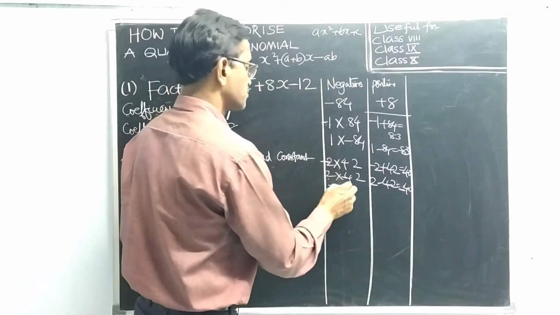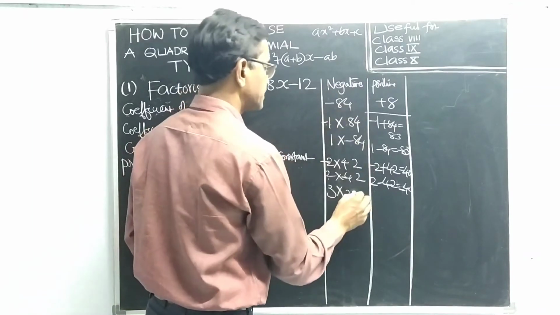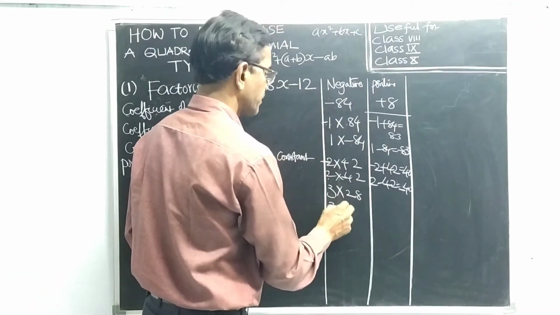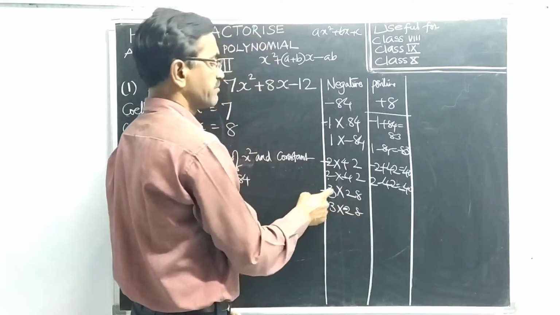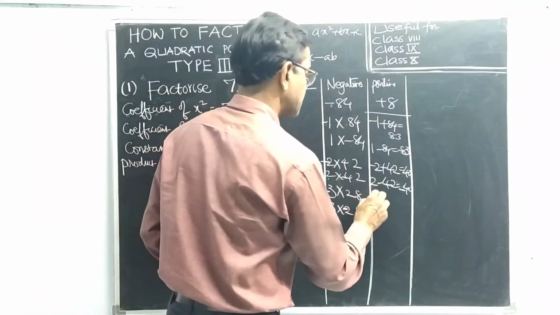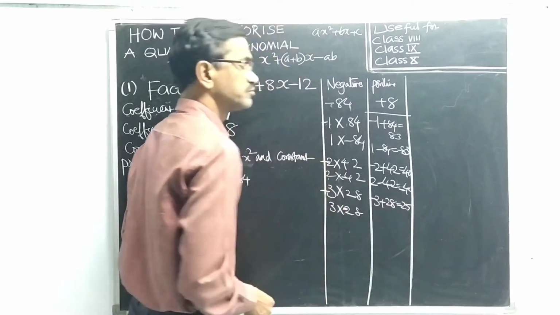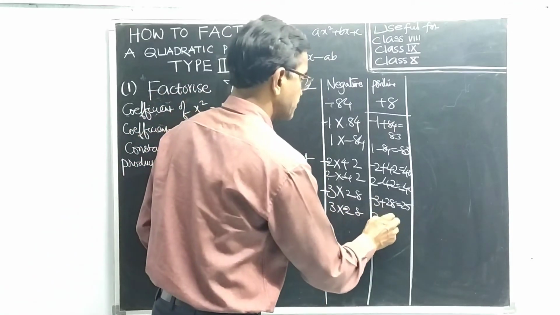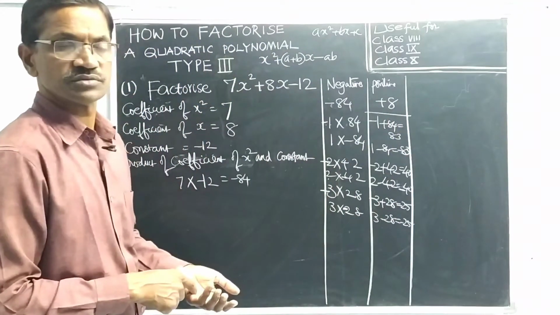3 table, 3 2s are 6, 3 8s are 24. Write 2 times this one also, keep the minus symbol here also, because minus into plus is minus, plus into minus is minus. Now subtraction here also, minus 3 plus 28, 25, 3 minus 28 is minus 25, but we should get 8.